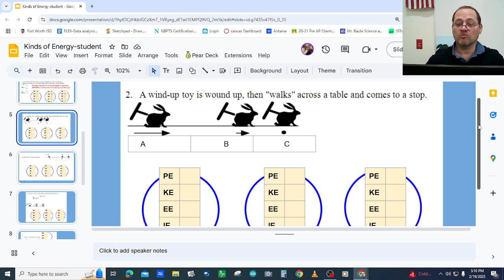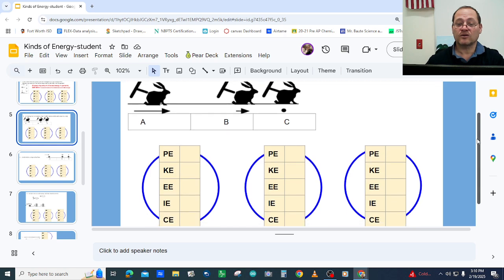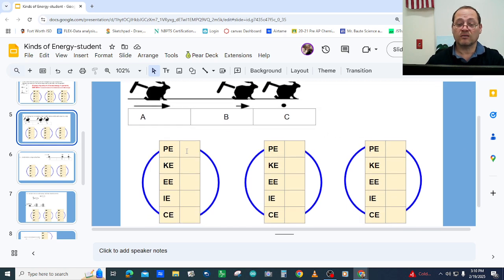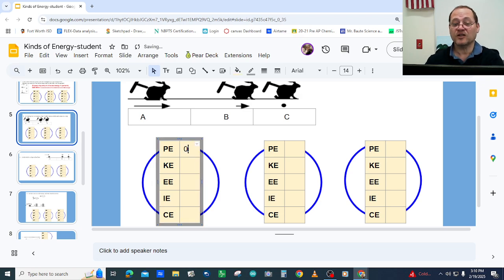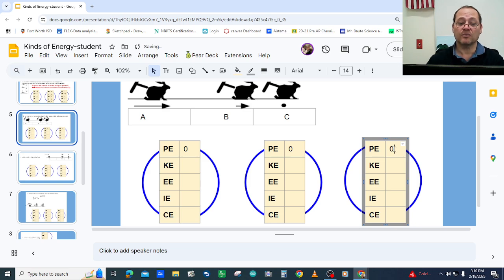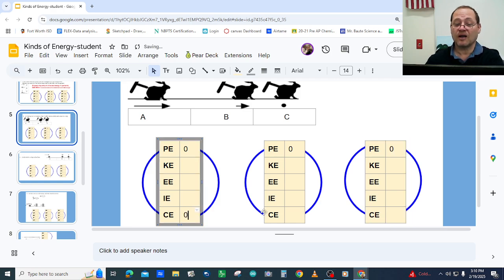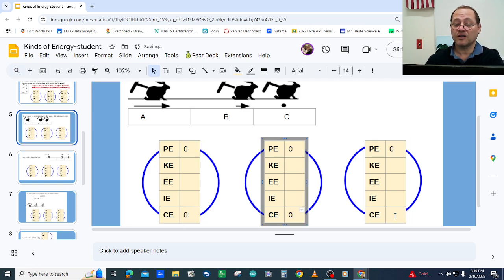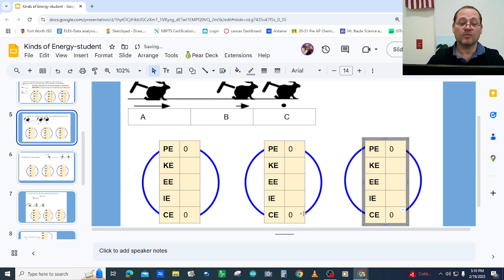So since it's moving on a horizontal surface, we can establish that level as the 0 height. That makes the potential energy equal to 0. And since it's moving horizontally, it's always 0. Also, the wind-up toy is not burning. There's no chemical energy released from there. So we can establish the chemical energy equal to 0 for all 3 points.